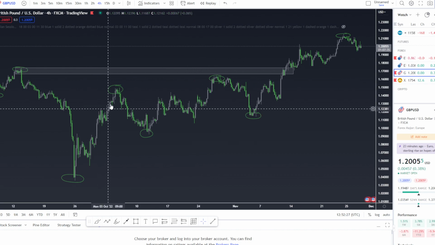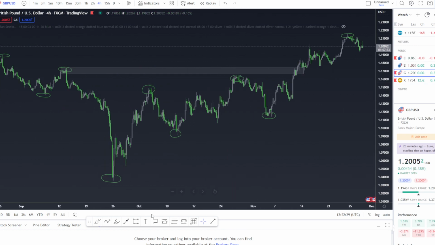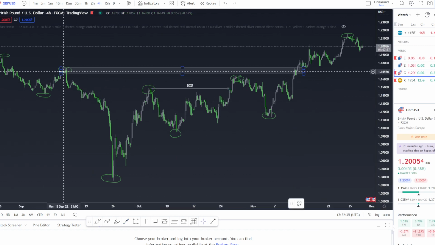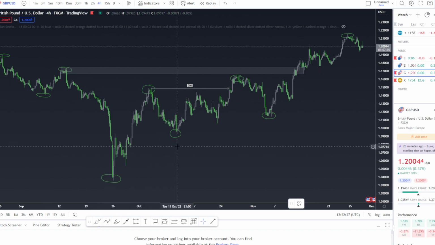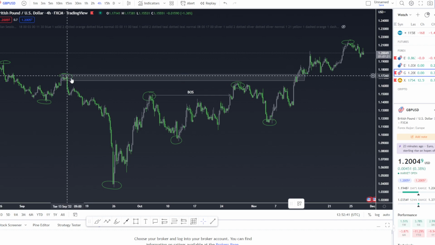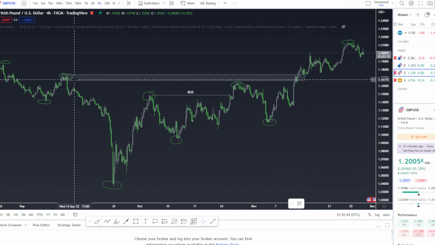However, you would not be looking for buys yet. So say when this high got broken here, you wouldn't be looking for buys yet because this swing high here is still valid, right? It was only when this swing high here got broken that you would be looking for buys, alright?